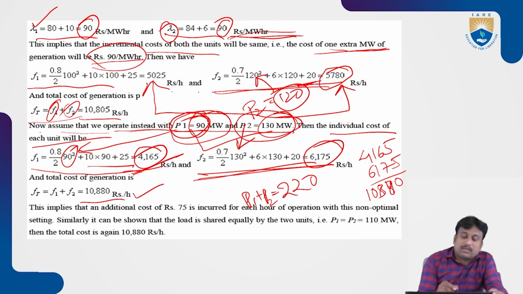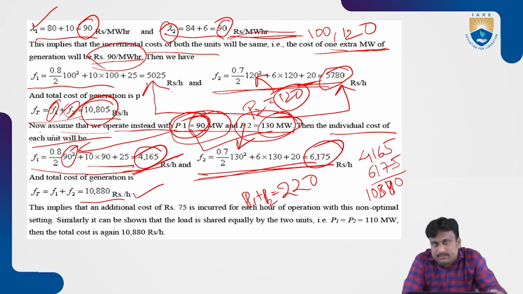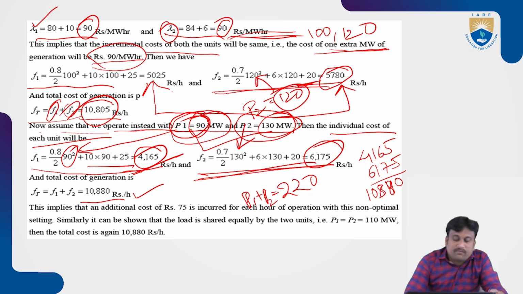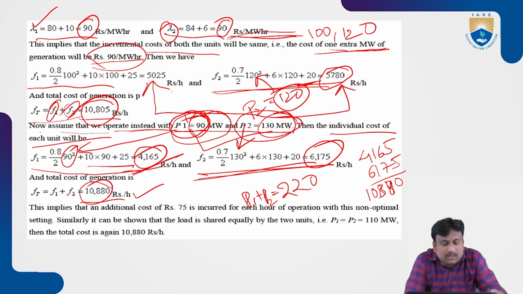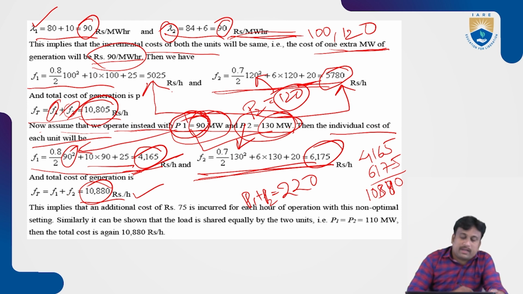So for the 100, 120 combination, the total cost is about 10,805. If you change it to 90 and 130, you obtain a total fuel cost of about 10,880 rupees per hour. What is the difference?